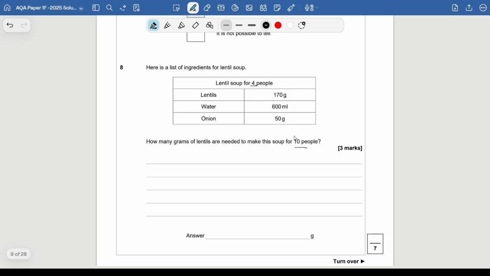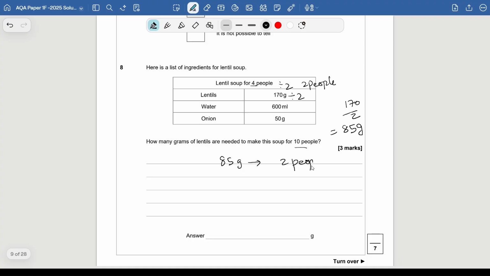Well, to go from 4 to 10, what we can do is find half of the amount given here. That will be for 2 people. So if I figure out for 2 people how much lentil is needed, I need to divide 170 by 2. So 2 8s are 16. So 85 grams is required for 2 people.